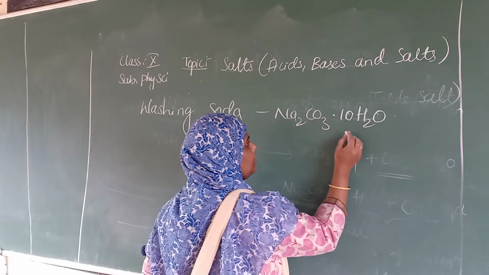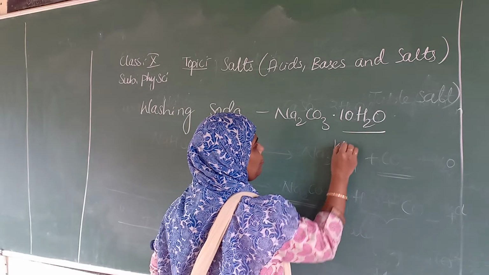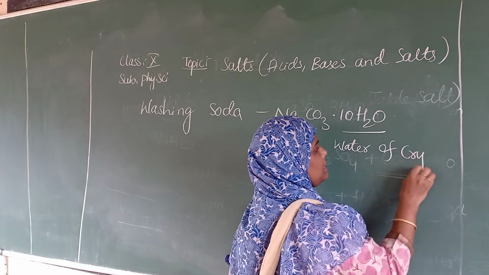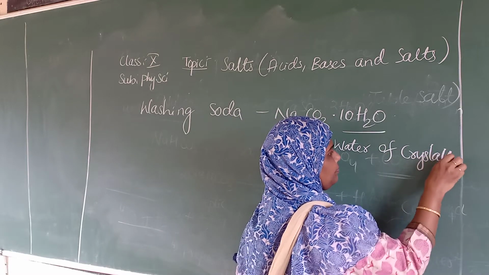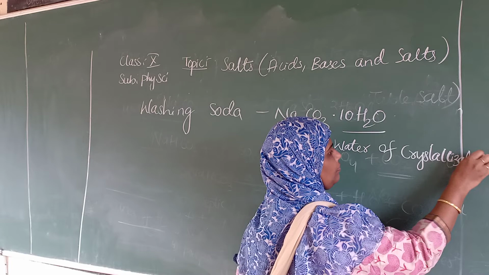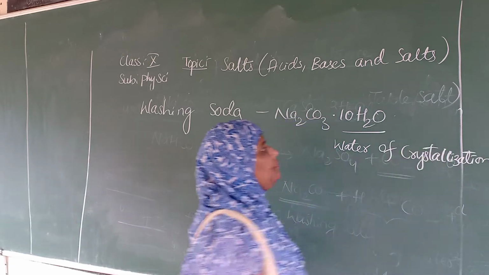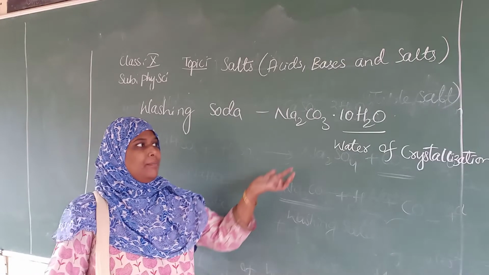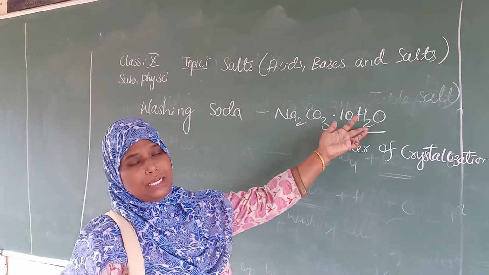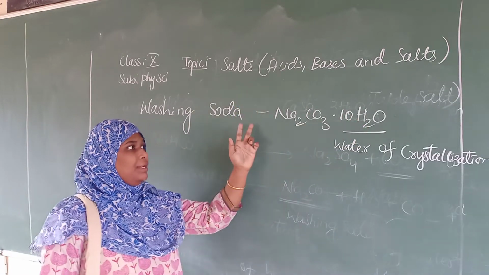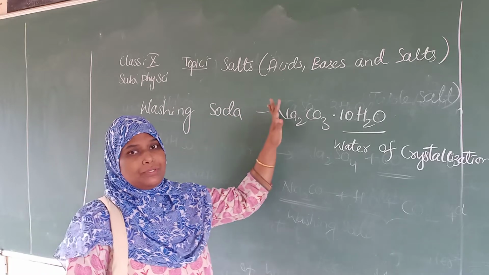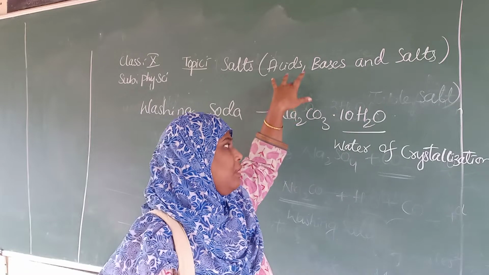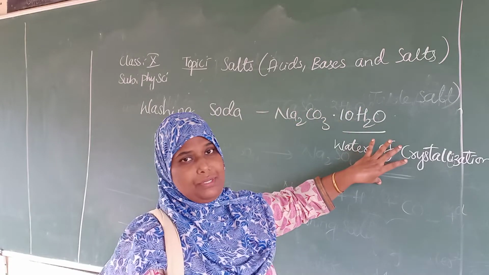Here this is called water of crystallization. What is water of crystallization? It is the number of water molecules associated with one formula unit of a salt.